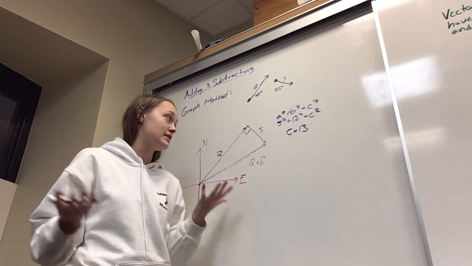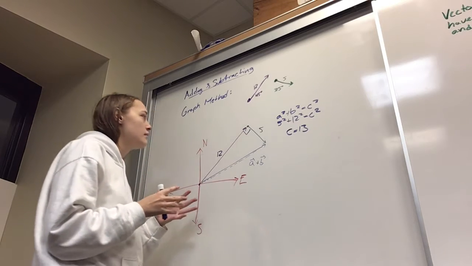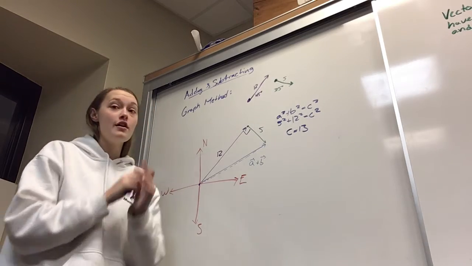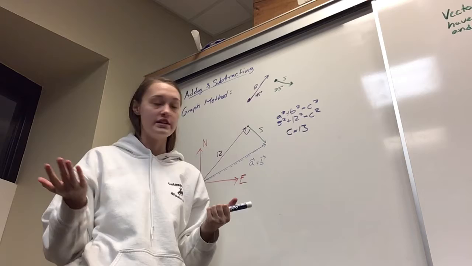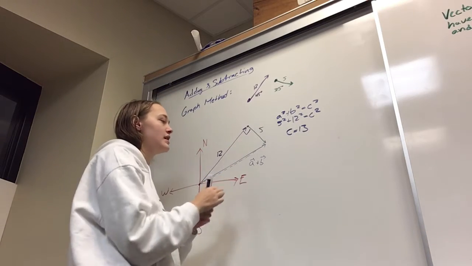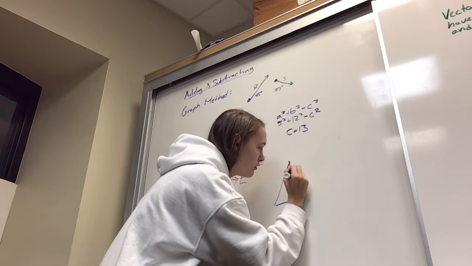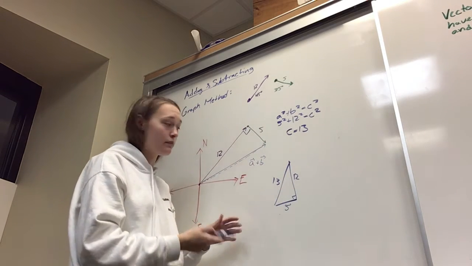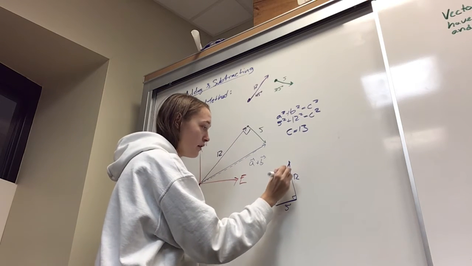Now all we have to find is the direction the boat is going, and that's one of the harder parts because it's not a 45-degree angle anymore and we have to use trigonometry. So we have sine, cosine, and tangent that we can use. If you take this right triangle, which I'm going to redraw really quick, 5, 12, 13, it makes it a lot simpler. We need to find this angle right here.